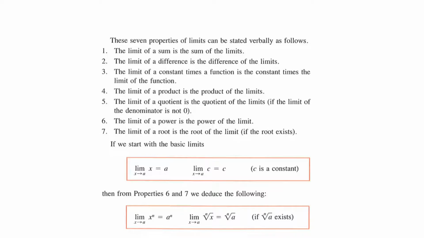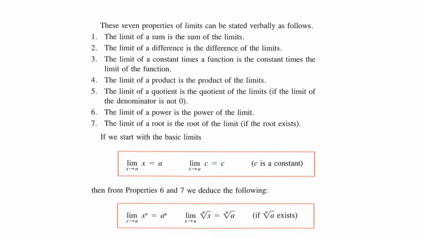If we start from the very basic concept of limit, we say the limit of f of x equals x, the identity function, as x approaches a is a. In other words, the limit of x as x approaches a is a, and the limit of a constant function as x approaches a is the same constant.